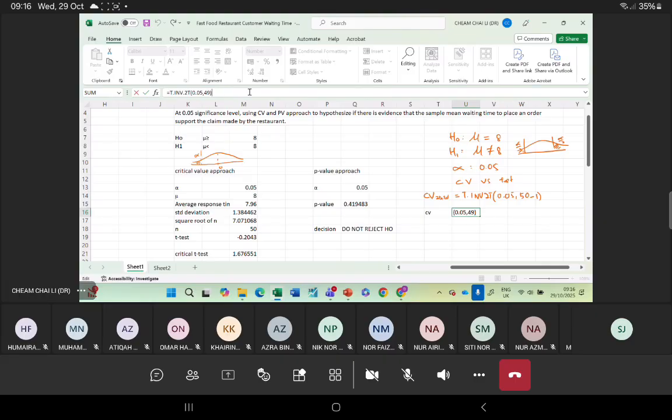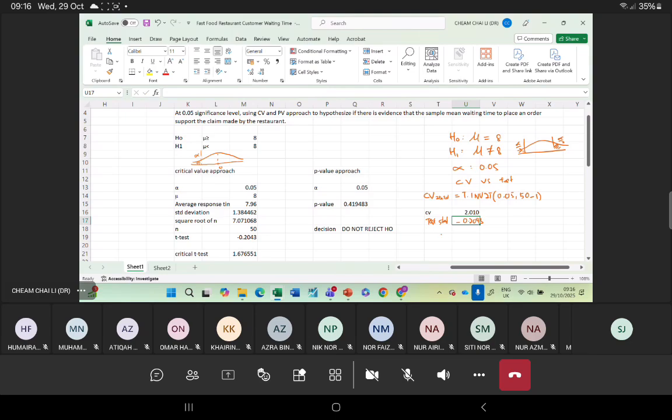Okay, now you compare. You have the test statistic. This is your t-test statistic, negative 0.2043.